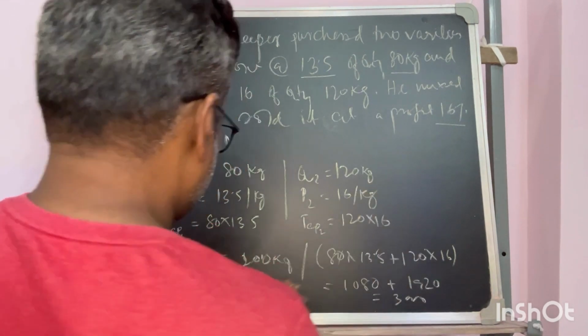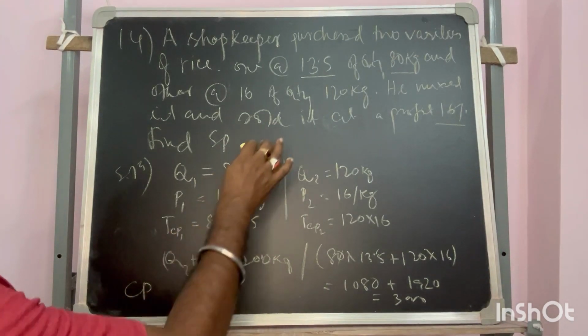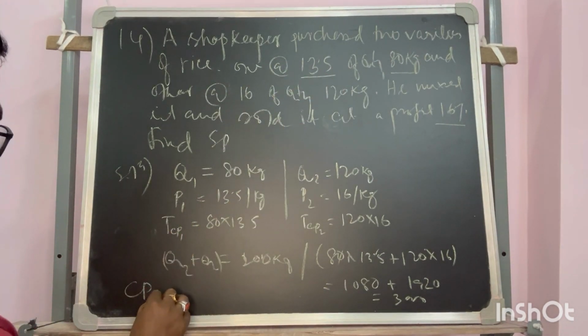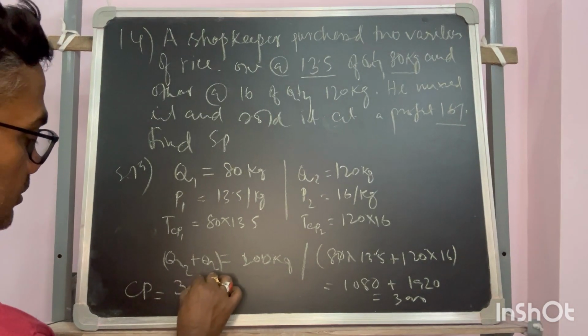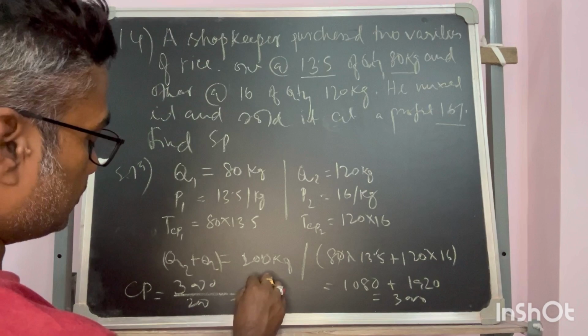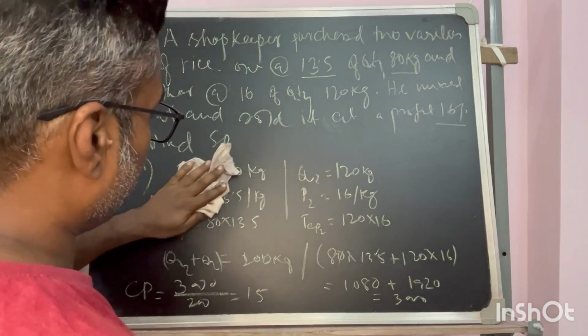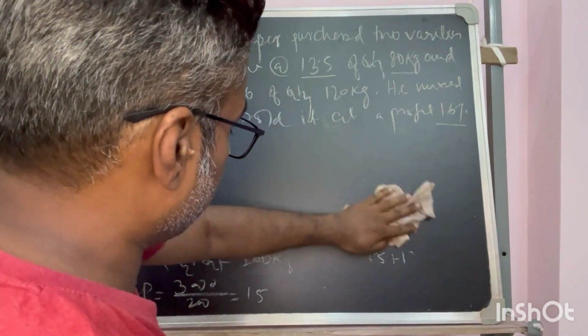So the cost price for the final transaction, that means the mixture when he is selling, will be 3000 by 200, that will give you 15. Now ultimately the profit is given as 16%.